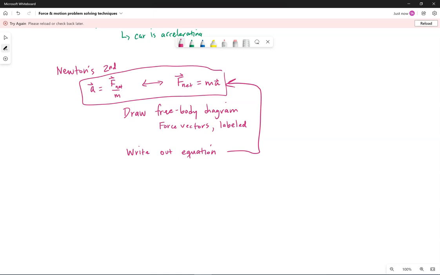Now, as you walk through the samples I'm going to show you, we're going to always write these out symbolically, meaning no numbers at first. So everything in terms of letters. Part of the reason for that is just the practice and getting used to communicating our work.